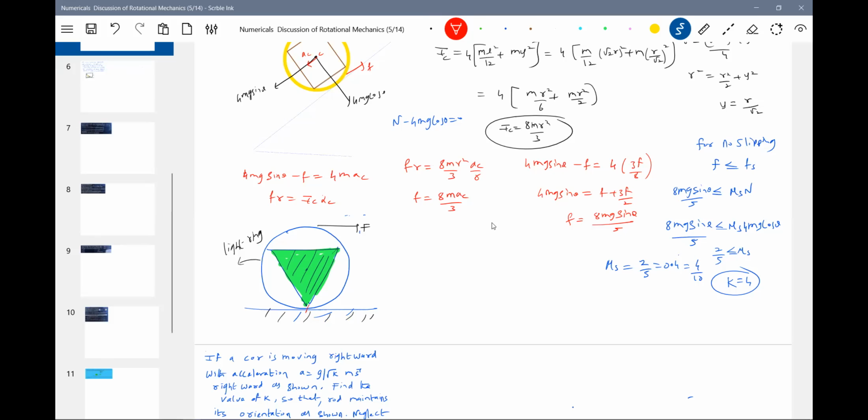The major problem is that it is not a ring, so at the highest point the friction will not simply be forward. We have to be very careful here. First, the moment of inertia of this plate has to be determined. You assume the friction direction: if you get positive, what you assumed is right; if negative, you change the direction. So here I'll just assume it to be like this, then proceed with the problem and solve it.